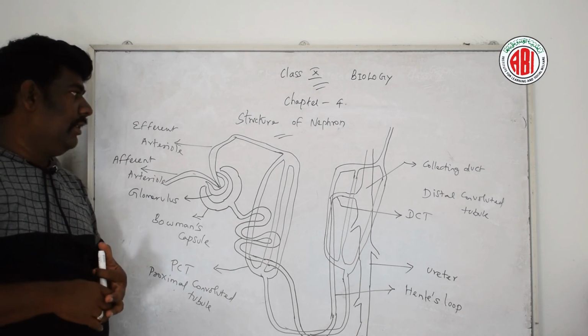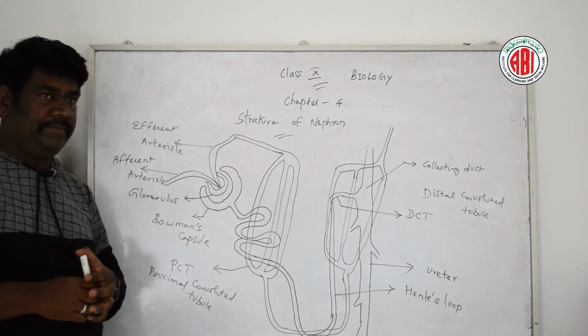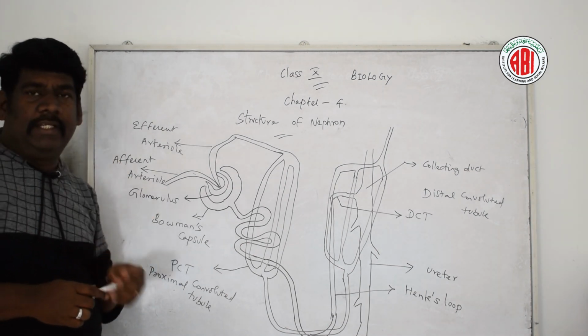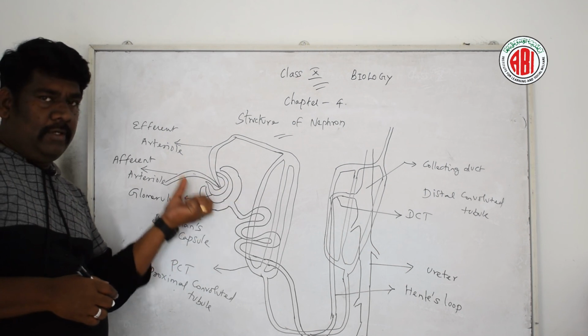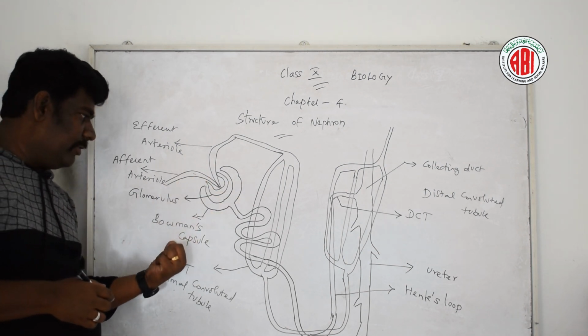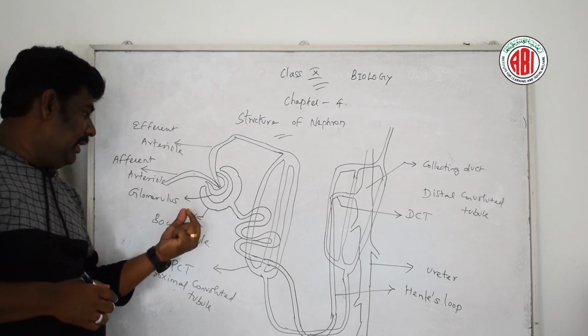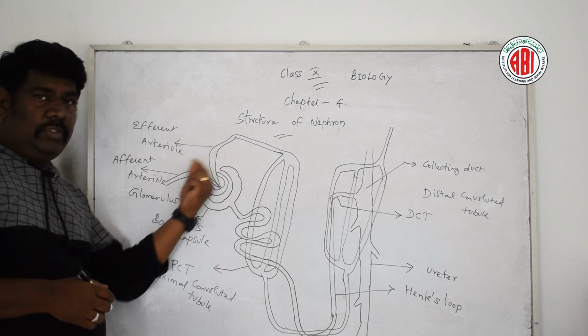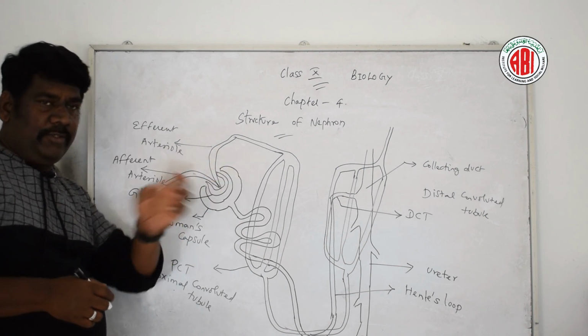Very simple diagram and simple labelings. Very easy to remember the labeling. This cup-like or bowl-like structure is called Bowman's capsule, and inside we can see the glomerulus, and there are two tubes: one is the afferent arteriole, the other one is the efferent arteriole.